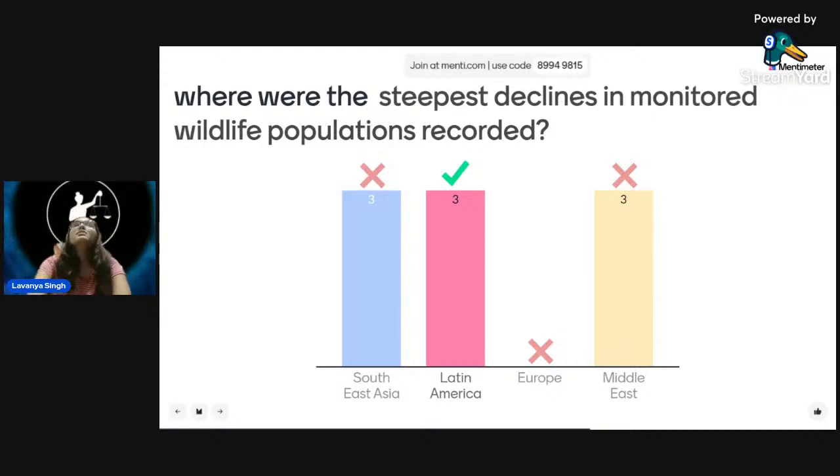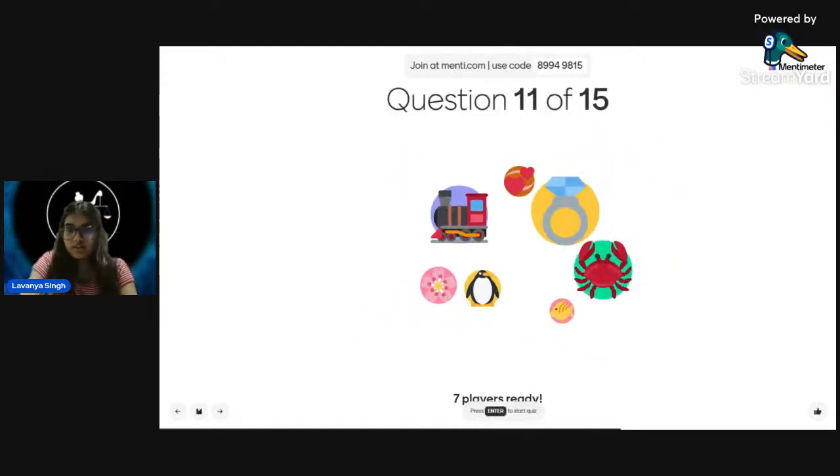The steepest decline in the monitored wildlife populations was recorded in Latin America and the Caribbean, with around 95% decline. Then comes Africa, which had a 75% decline, and then the Asia Pacific region, which had 60%. All right, moving to the next question.